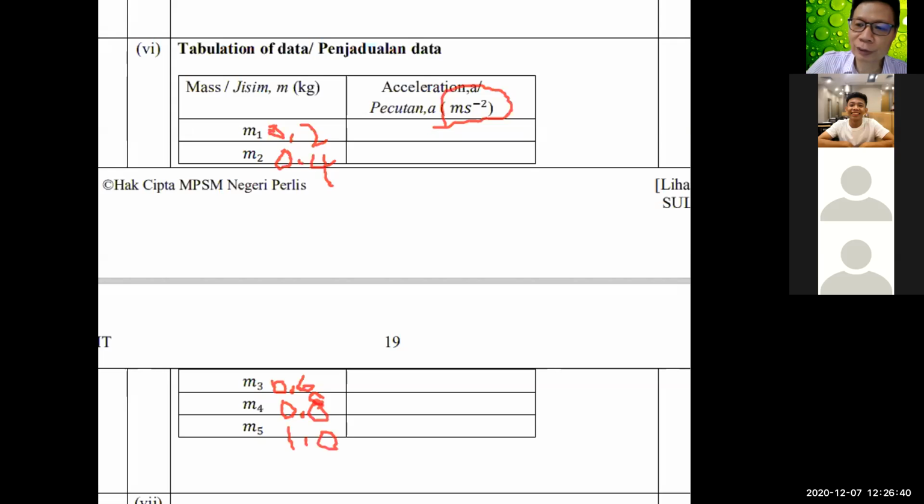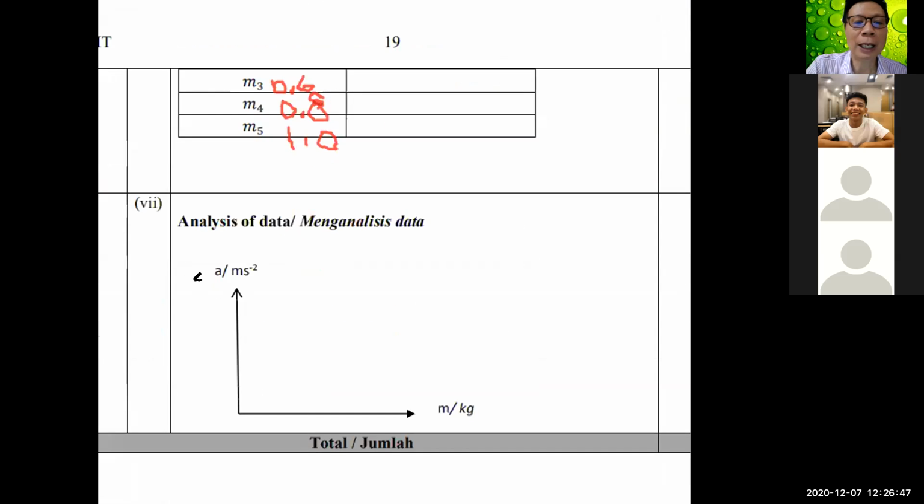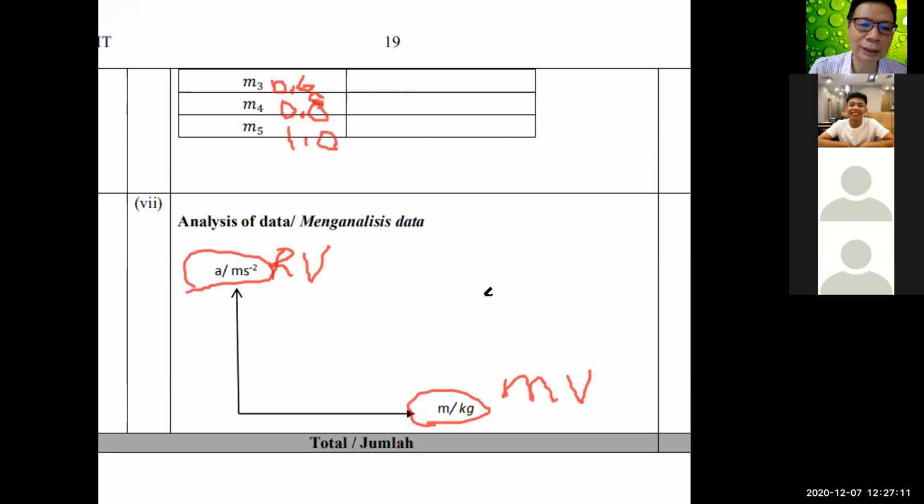Okay, Adi, Shakira, thank you. So you see, it must be like that. Here must be acceleration, the RV, responding variable. Here must be MV, manipulated variable. MV here, RV here. Don't make a mistake. This is the last marks.